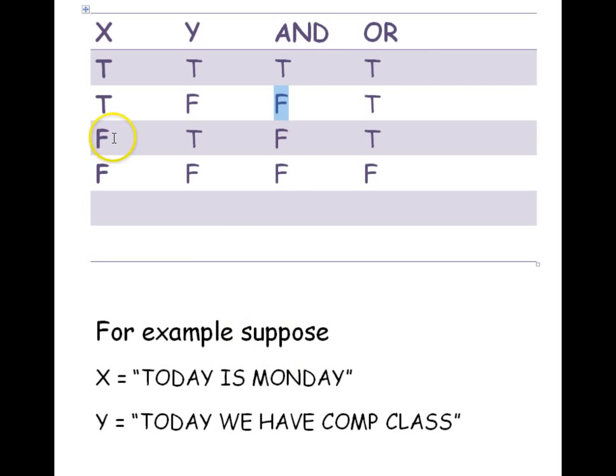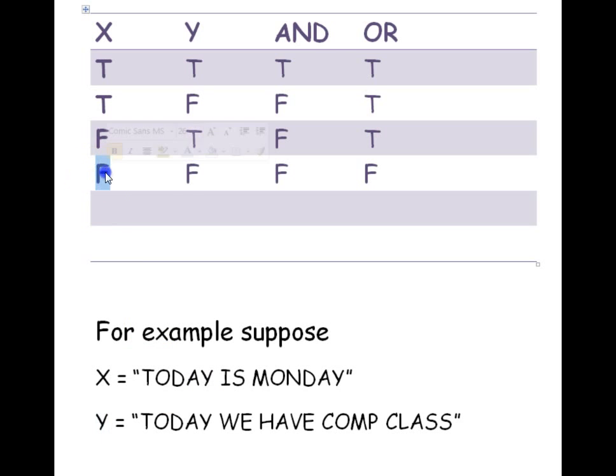On the other hand, suppose that today wasn't Monday, but we do have computer class today, whatever day it happens to be, and I say X, today is Monday, and today we have computer class. That would be false, because it actually isn't Monday. We call it the compound statement, because I'm saying X and Y. So that's called a compound statement.